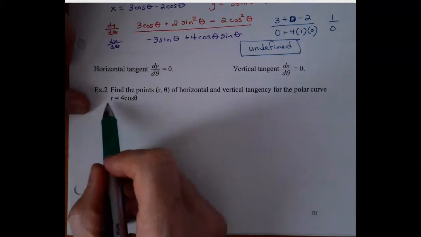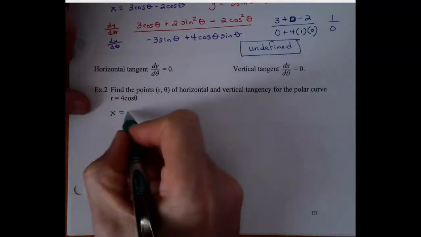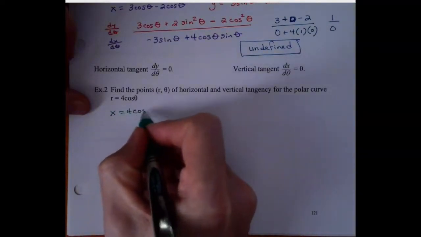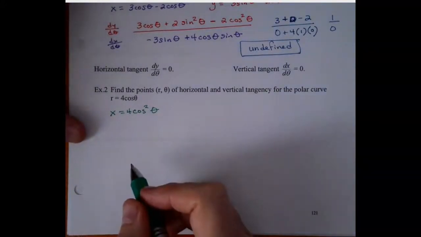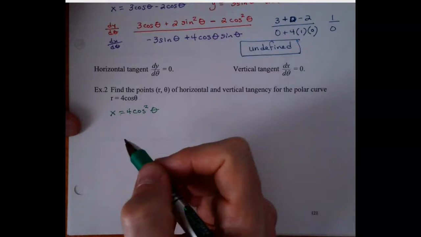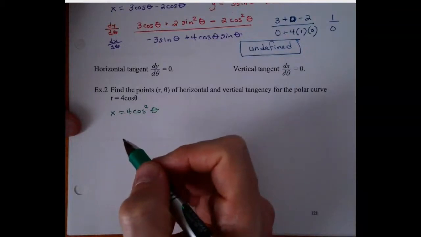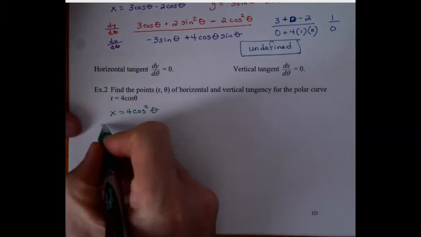So this is x over cosine, and then we multiply both sides by cosine. So that's going to be 4 cosine squared theta. Okay, so this says find all the horizontal and vertical tangents for this polar curve. So I already found x, so I guess we're going to find the vertical first.